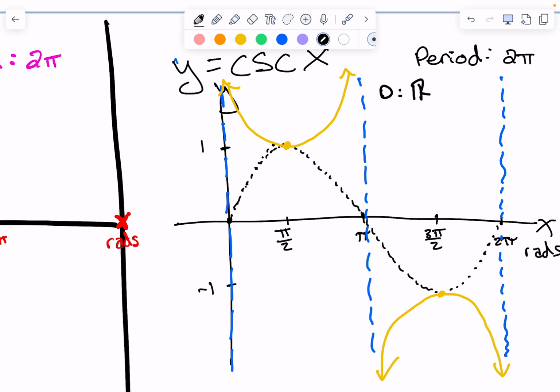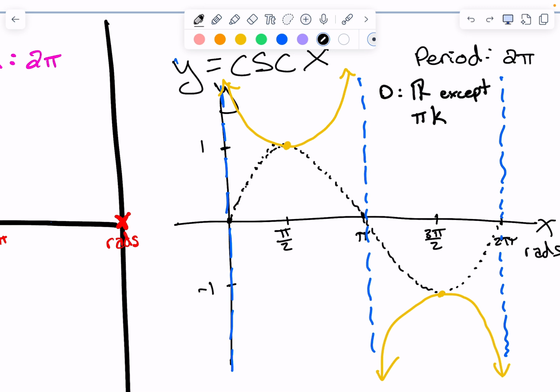I'm going to say all reals except intervals of pi. So I'm going to say pi k. All reals except for pi k. K meaning you can plug any number in, like 1 pi or 2 pi or 3 pi or 4 pi or 5 pi. Any intervals of pi k, he will not touch.